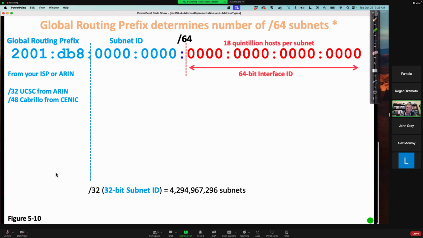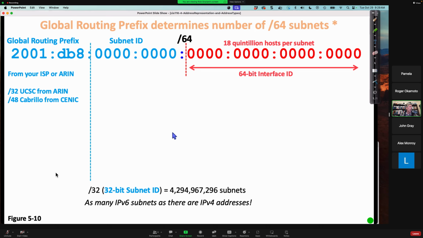Remember, that's all the IPv4 addresses, right? Well, we reuse some, like the private IPv4 addresses. They have as many subnets as there are IPv4 addresses. And by the way, each one of those subnets, 18 quintillion hosts per subnet. This is all about making it nice and easy to make your little subnets.